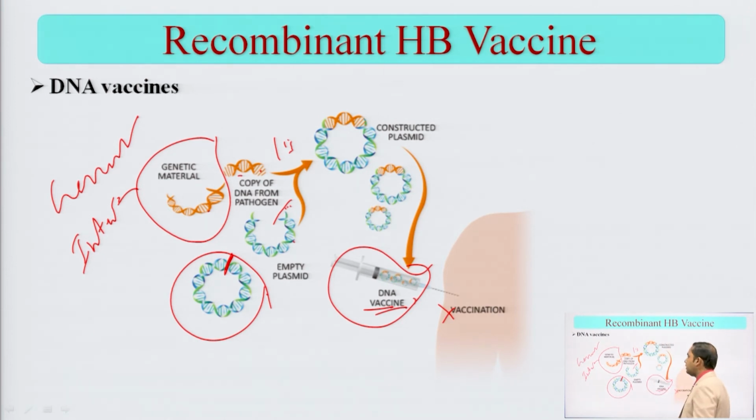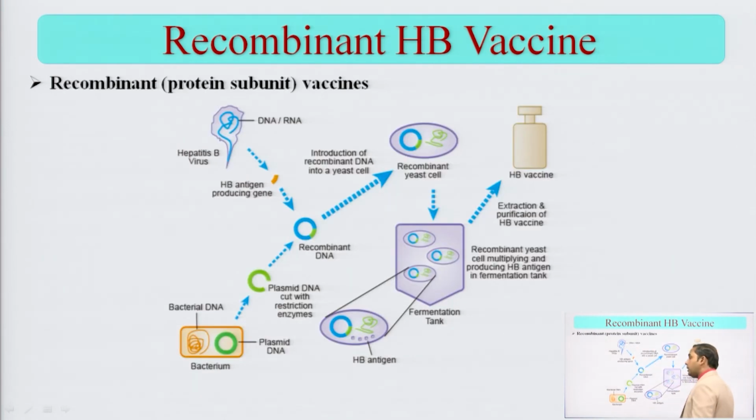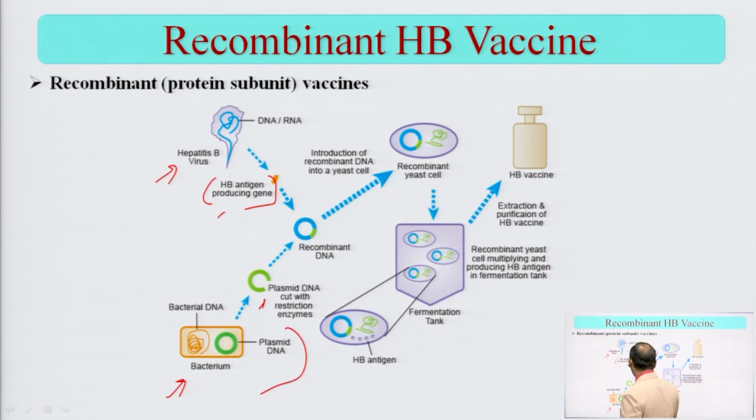If you take RNA, in this case it is called an RNA vaccine. But in the case of a recombinant protein vaccine, for example with hepatitis B virus, you may take either DNA or RNA. You have taken the hepatitis B antigen producing gene, and on the other side you have taken a bacterium. In that bacterium a plasmid is present; you take that plasmid, cut it using a restriction endonuclease, and insert that part here.